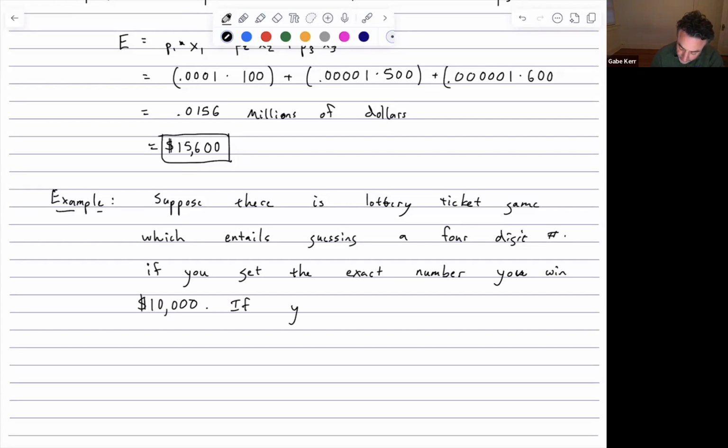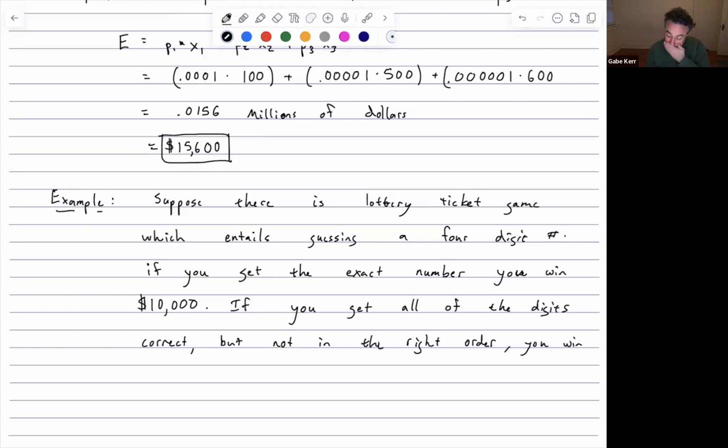If you get all of the digits correct, but not in the right order, you win, say, $1,000.